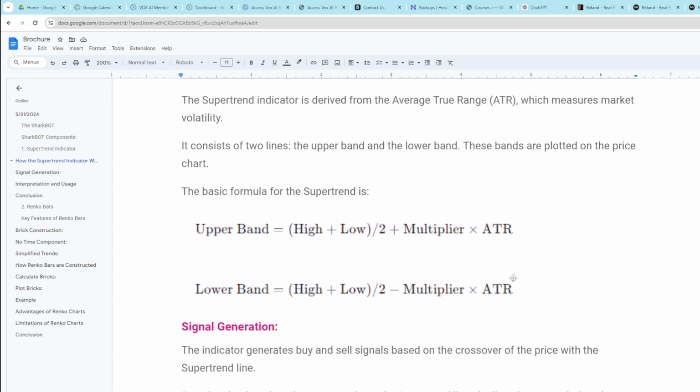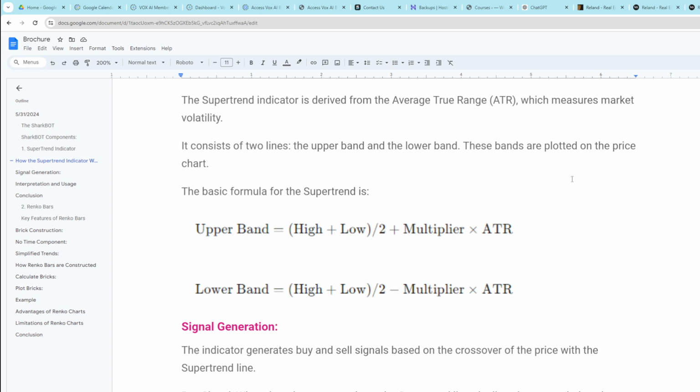The basic formula for the super trend: the upper band is the high plus the low divided by two, plus the multiplier times the ATR. So the super trend has two components: the multiplier and the average true range. We're going to see that when I show you a live chart, so you can understand those two numbers.